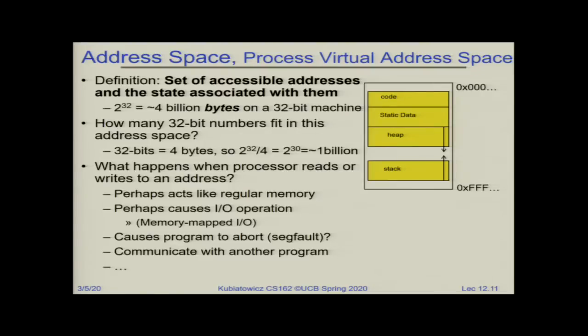Okay, so how do you make it cause an I.O. operation? Well, certain ranges of addresses actually go off the bus and go out to I.O. Or how do you make it abort? Well, you mark certain parts of the page table as read-only, and when you write to it, it aborts. So we're going to start talking about page tables here, okay?